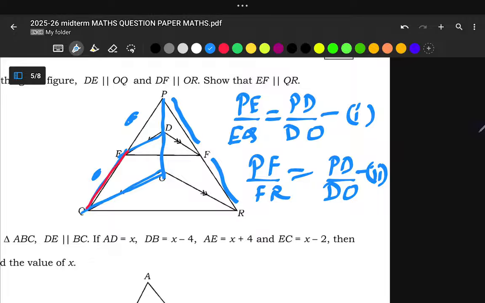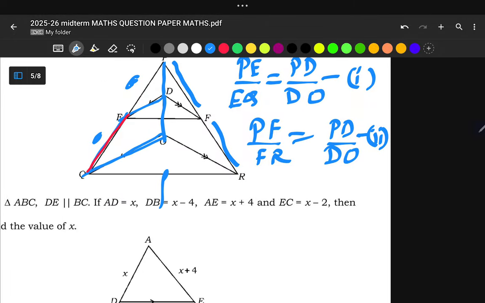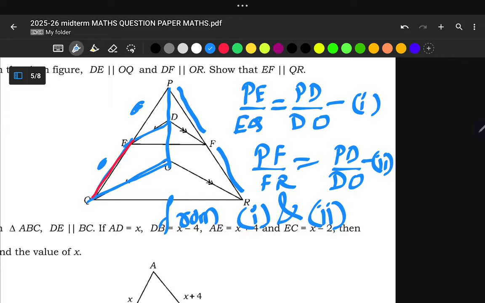From 1 and 2, what do we get here? See, PD upon DO here, and here also PD upon DO.